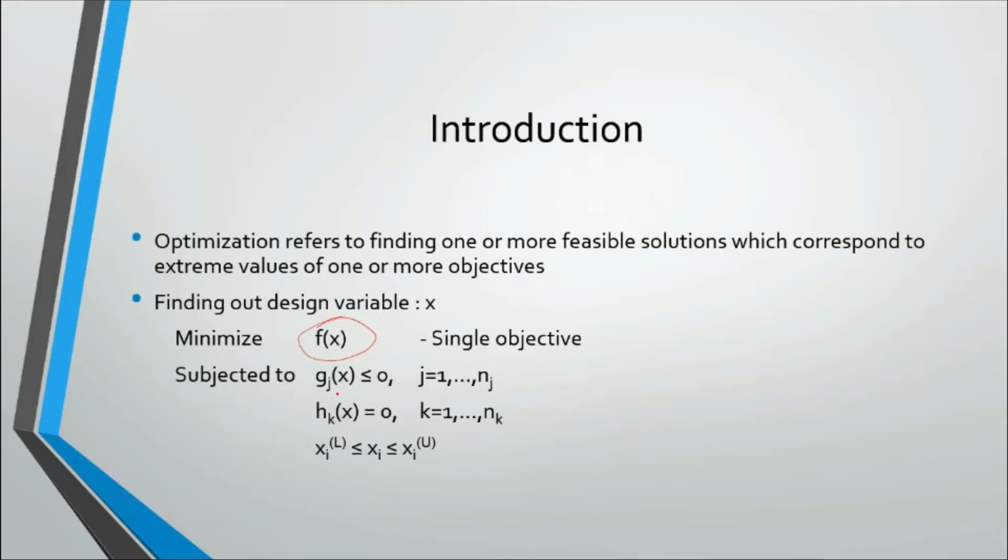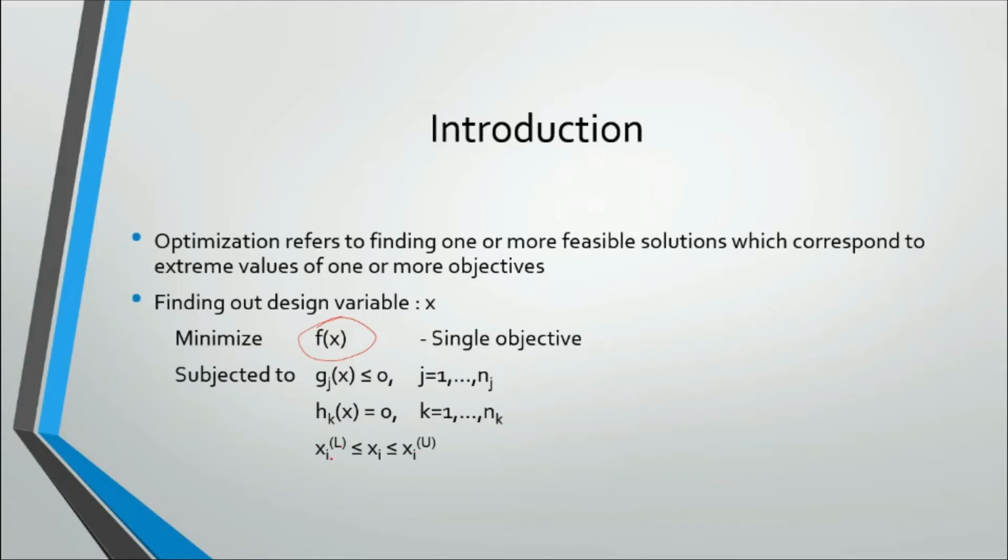So two different types of constraints are involved: g_j(x) less than or equal to 0, for j equal to 1 to nj, so there will be nj different g values. And h_k(x) equal to 0, for k equal to 1 to nk, so nk different h values are also there.